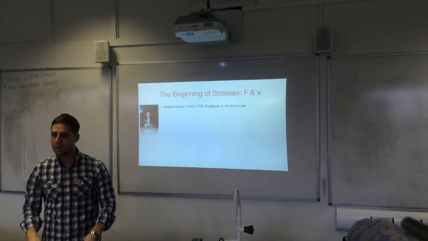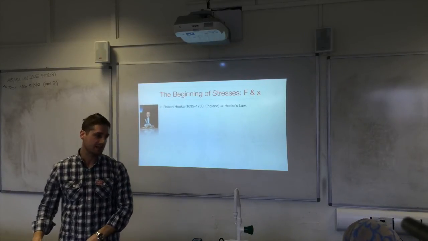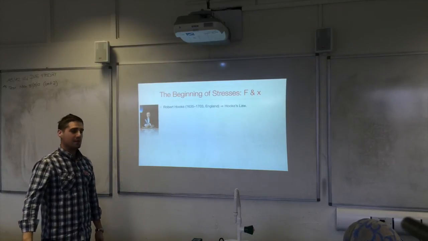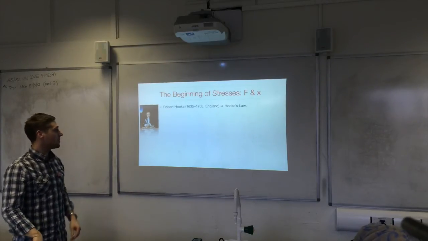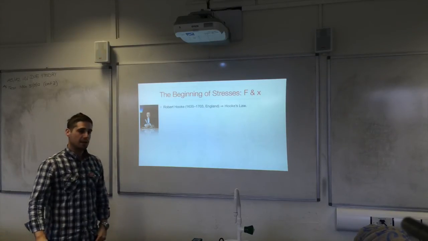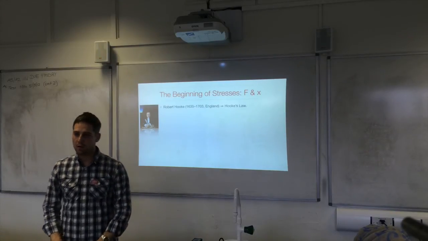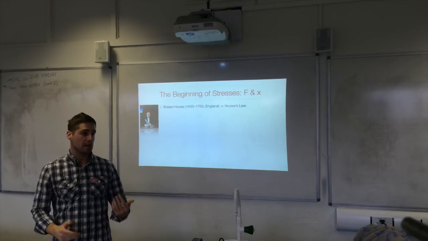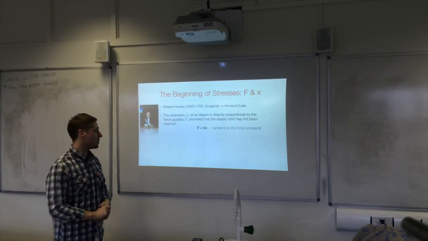Let's start to talk about the beginning of stress. This comes with Robert Hooke, 1635 to 1703 in England. From him we get Hooke's law. So he started looking at the relationship between force and extension.